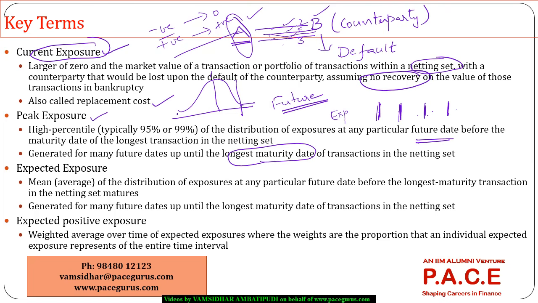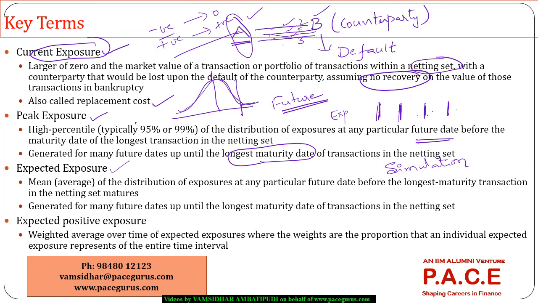Once you simulate all the possible exposures, generally this entire thing can be done through simulation, when I find the 95 or 99% confidence value of the same, we are calling it a peak exposure. When I am finding the mean value of that, it is called an expected exposure.